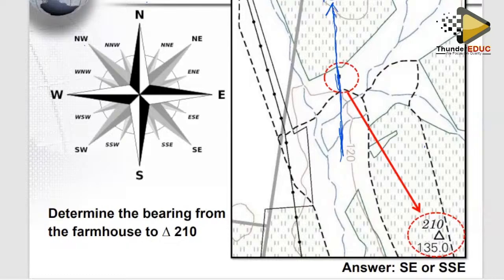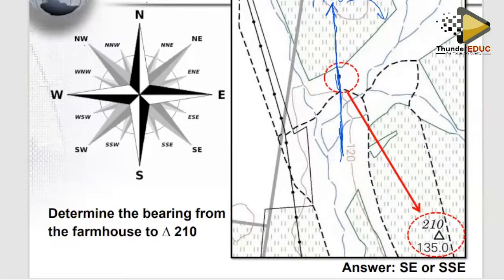Right. And when we're talking of bearing, we are looking at an angle measured in a clockwise direction from our true north direction, when we're talking of true bearing. So this is our true north direction, and our true north direction is the one that has got 0 degrees. We are starting from here in a clockwise direction, which means we measure our angle in a clockwise direction from the true north until we reach a line connecting the two features given.